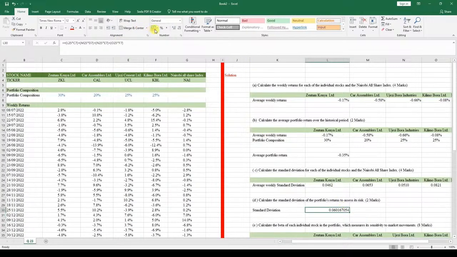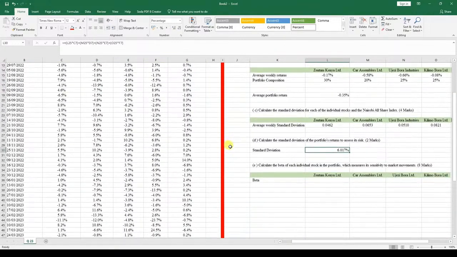So we can put it in form of weights, and we can say it's about 0.602% standard deviation. So standard deviation of the portfolio is given to us there. So you pick the standard deviations of the individual securities and we multiply them by the corresponding weights.